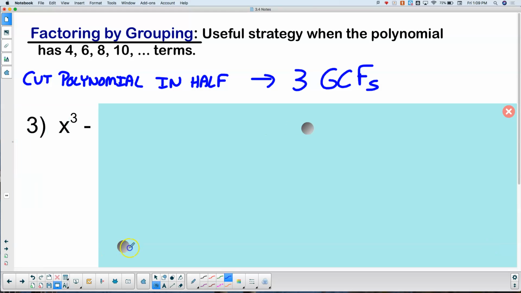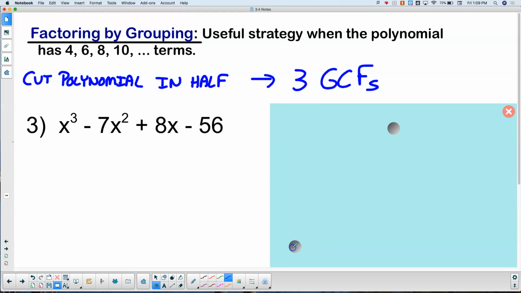So what grouping looks like is this. Here's our polynomial: x cubed plus 7x squared plus 8x minus 56. We need to factor it by grouping. So the first thing I'm going to do is cut the polynomial in half.